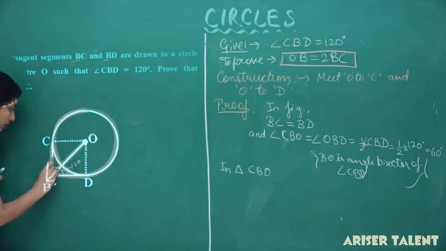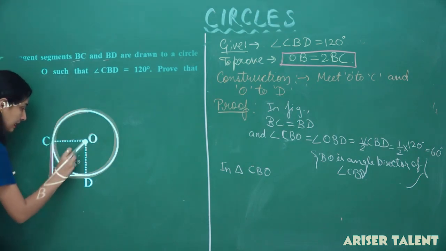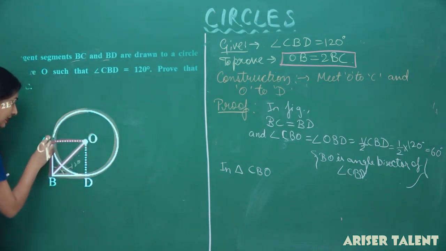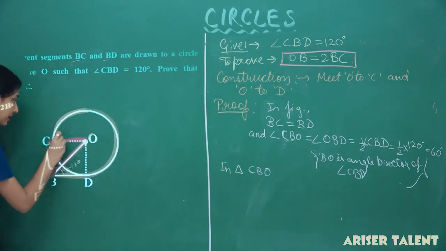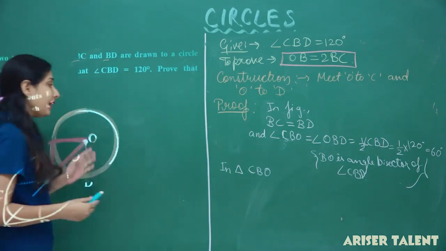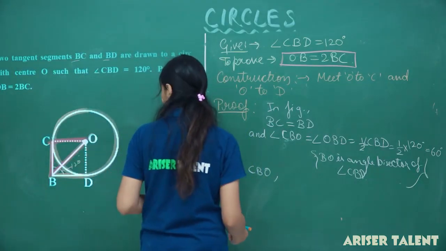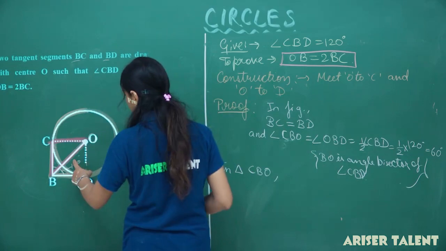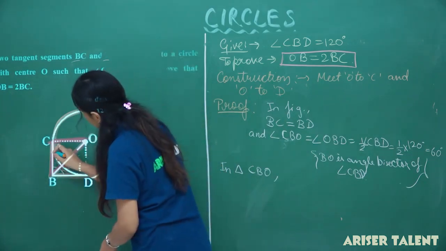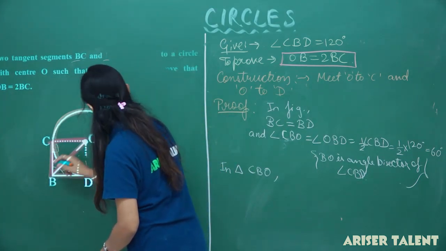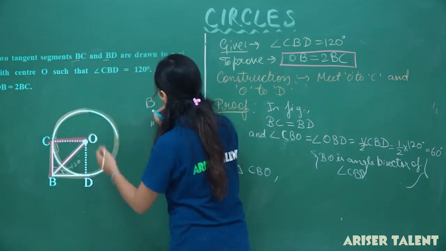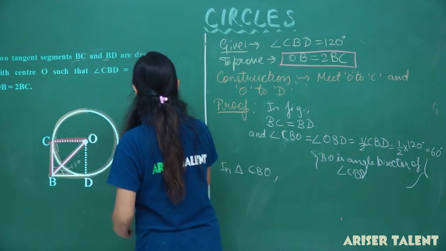So, you have to prove this relation, so you will take this triangle for sure. In triangle CBO, if I take this hypotenuse, this is 90 degrees. Okay. So, this will be the base, and this will be the hypotenuse.